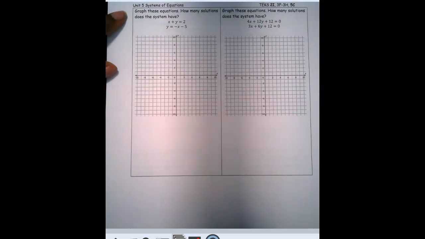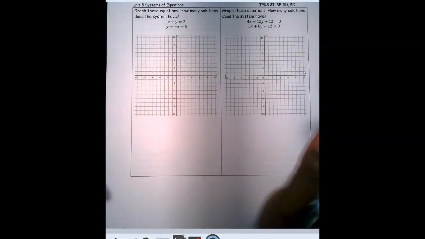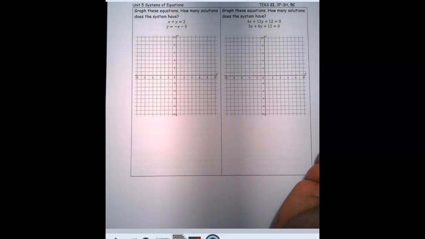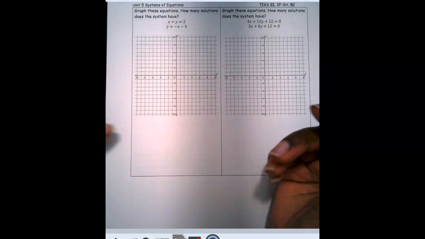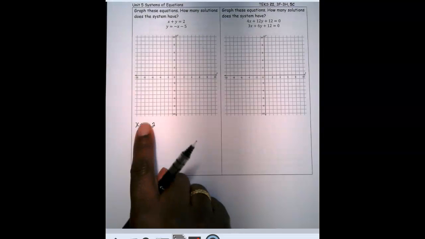On this one, we've got graph these equations, how many solutions. So all of these will be the same. But what I want you to notice here is that this first equation is in standard form. Well, standard form is all well and good if we want to use the x-intercepts, right? So I could say x plus y is equal to 2, and I could cover up y.